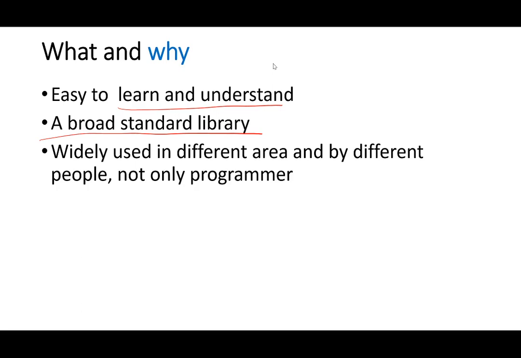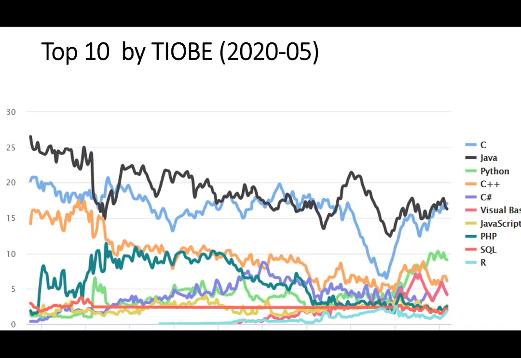In every industry and community, engineers are widely using Python for data analysis and machine learning. As a widely used programming language, Python is top language. Let's see this chart.